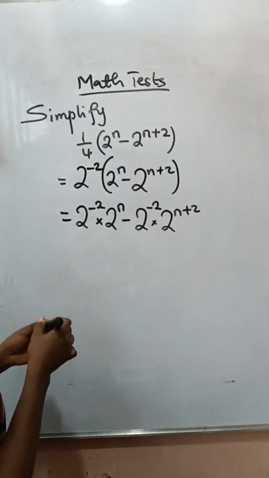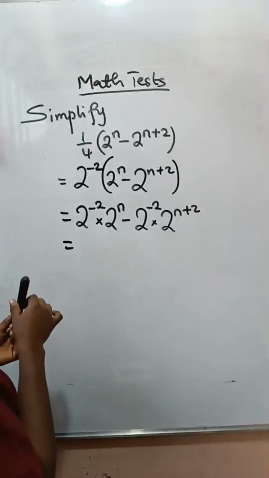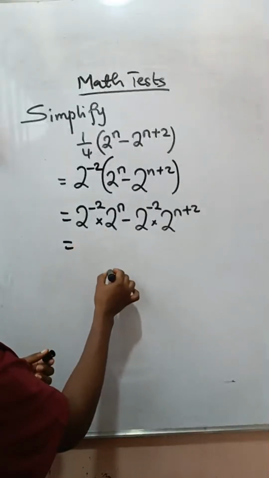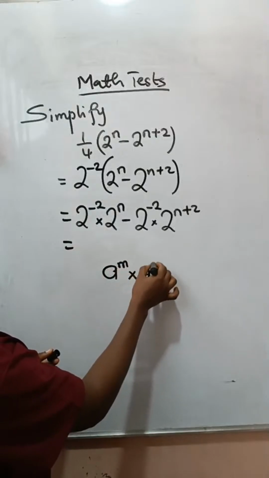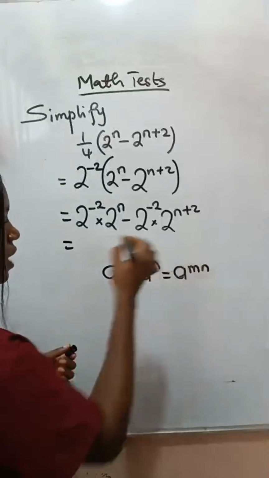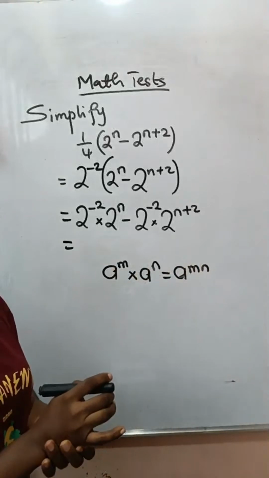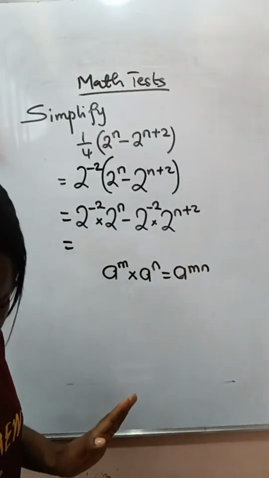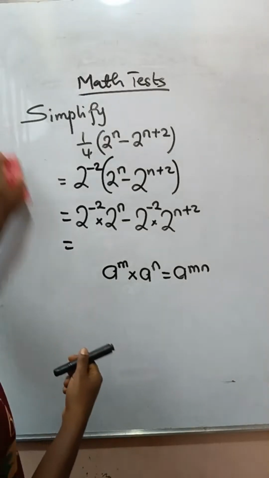All right. So this is equal to, from here we have, remember that a to the power of m multiplied by a to the power of n is equal to a to the power of m plus n, according to the multiplication law of exponents or indices.